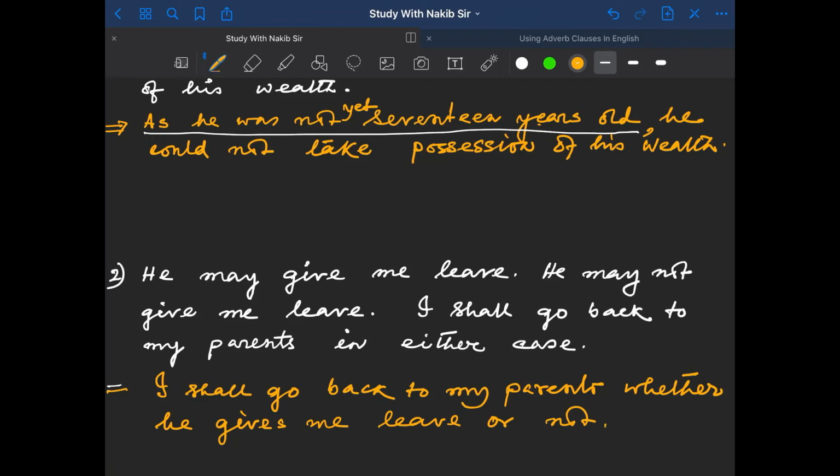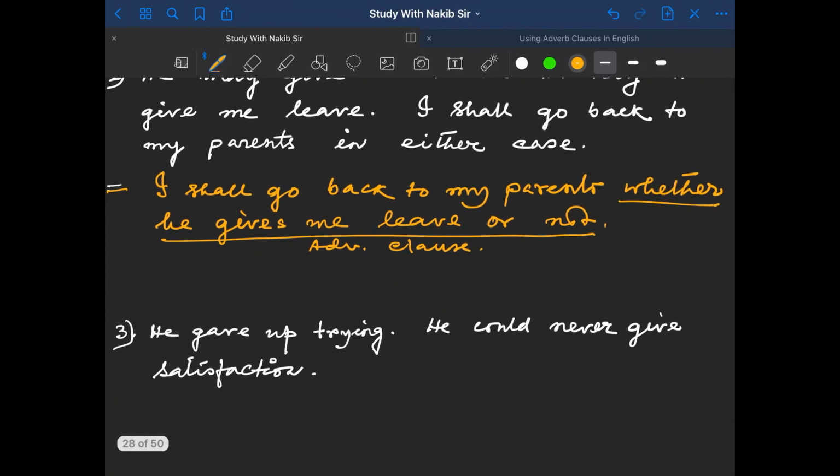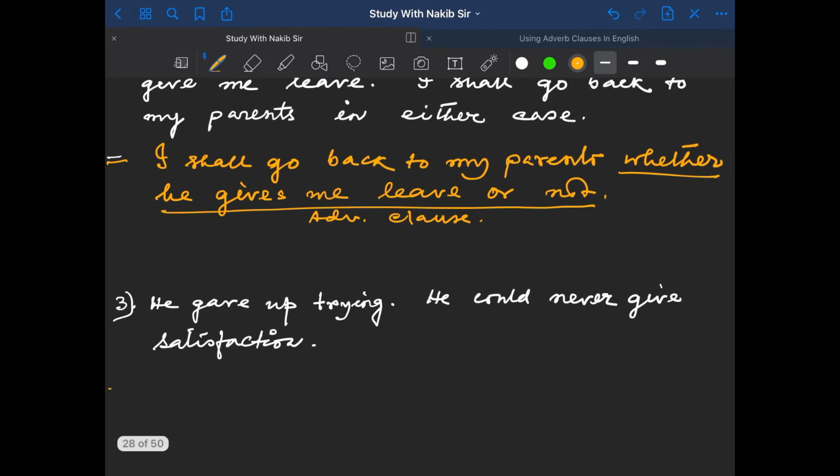Whether he gives me leave or not is an adverb clause. Okay, the condition.